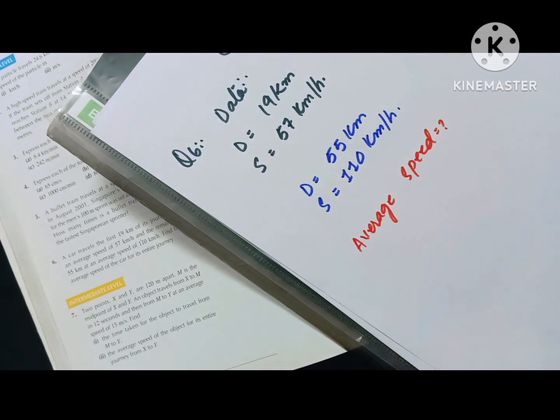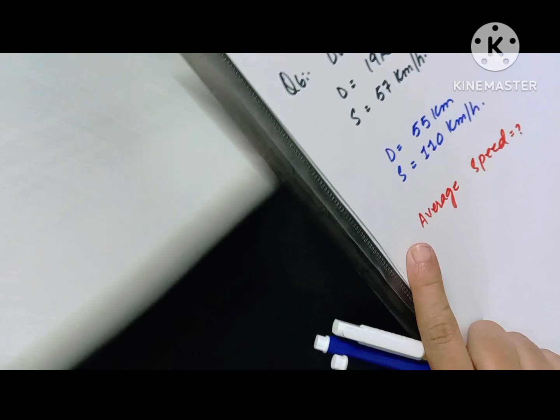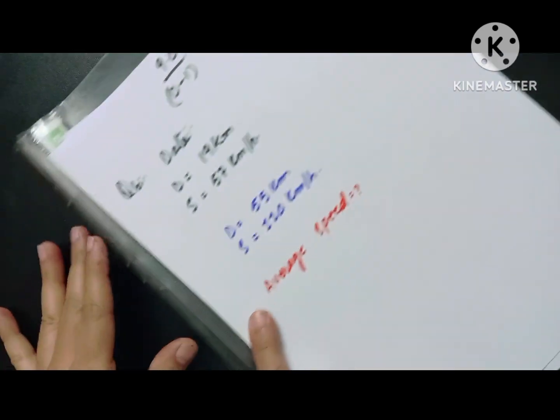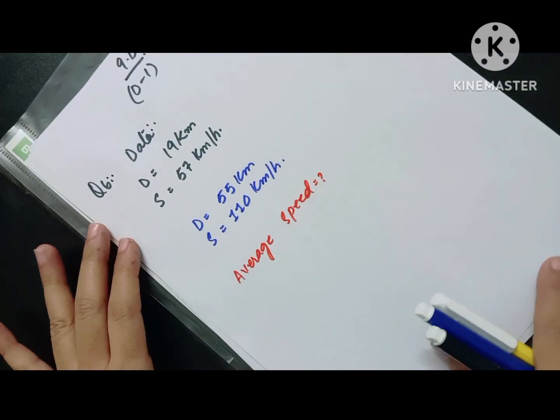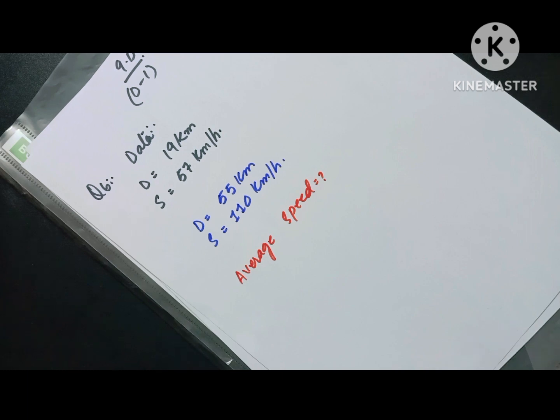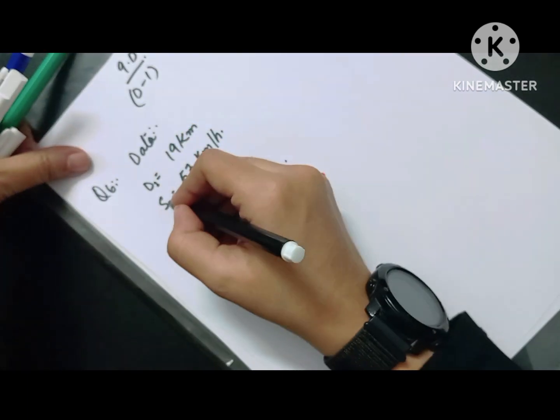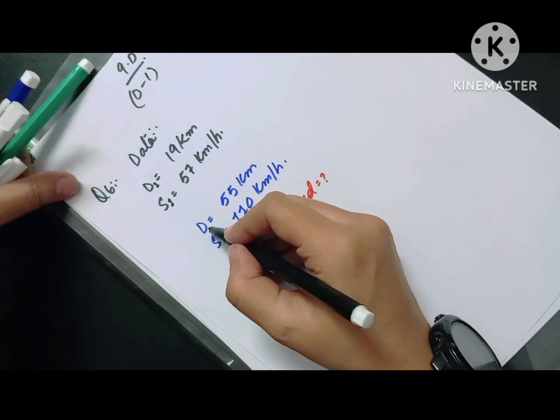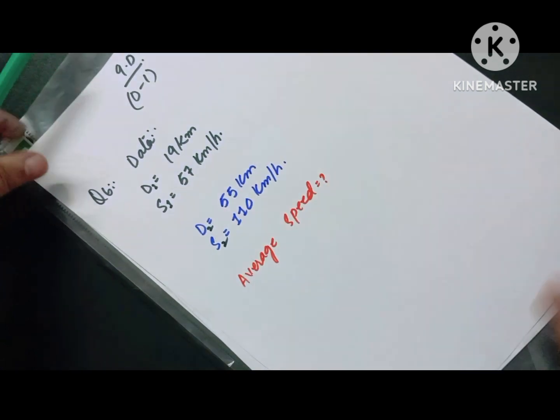That is the data. And then what we can do? We can say that is D1, and that is S1, that is D2, and that is S2.